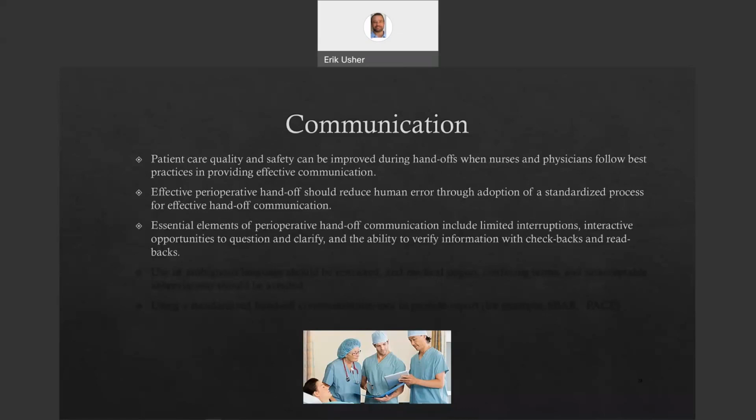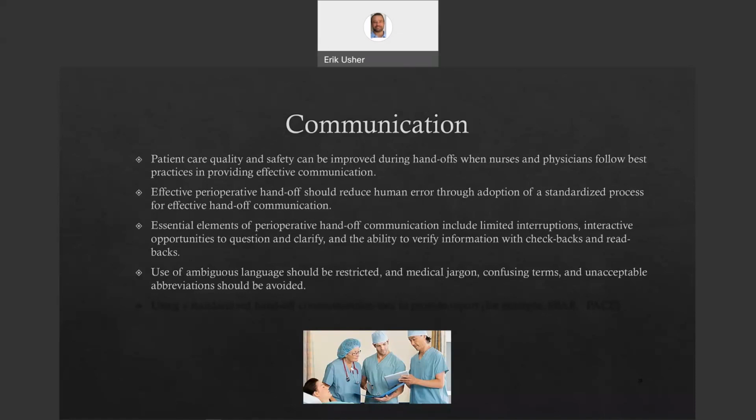The elements include limited interruptions, interactive opportunities to question and clarify, and the ability to verify information, with checkbacks and readbacks. That's important. It's not just a quick "I'm out." Let's talk about it. If I'm unsure or you're unsure, let's make sure we're clear. Was that medication given or was it not given? I didn't catch that. Use of ambiguous language should be restricted: medical jargon, confusing terms, unacceptable abbreviations.